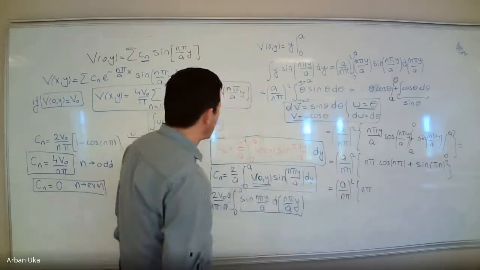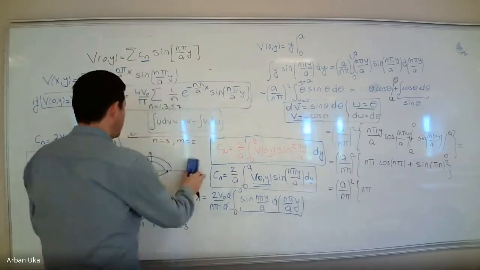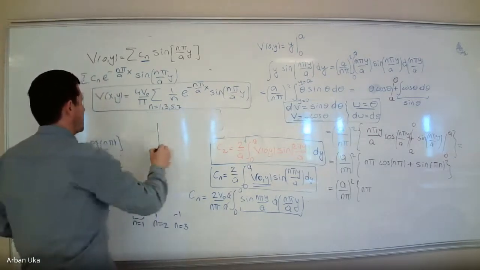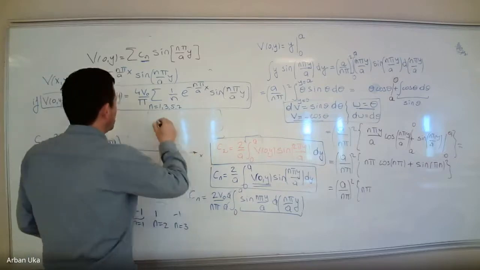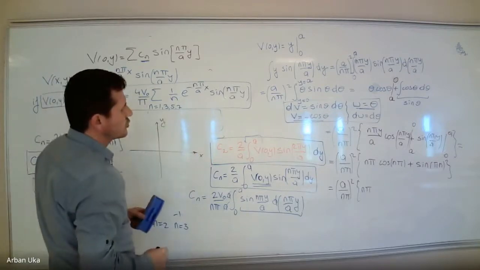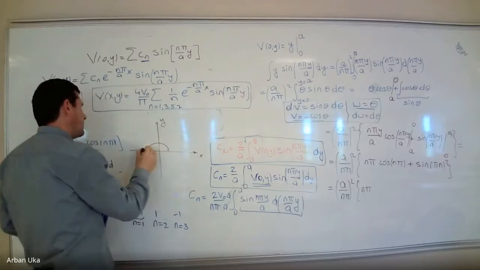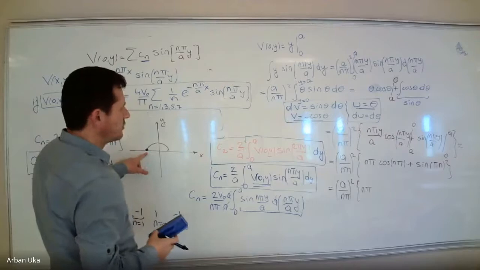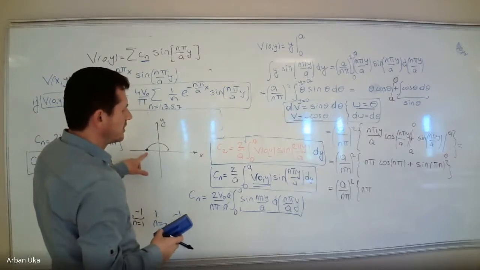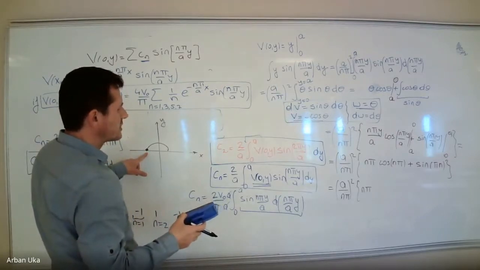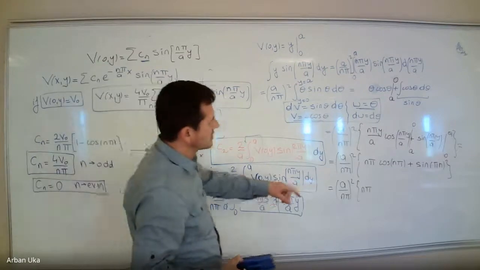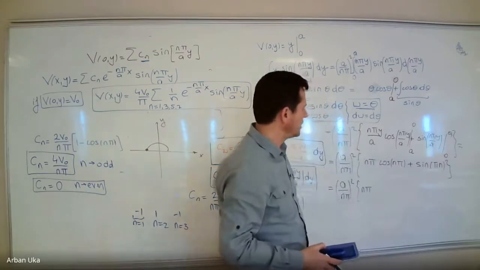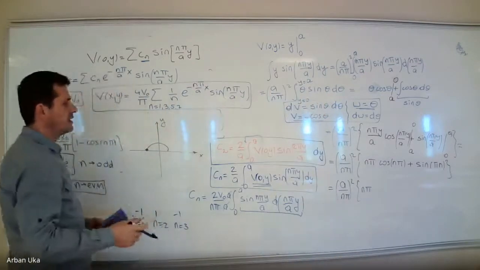Now let's notice what happens when n is odd. So let's assume n is 1. When n is 1, or odd, it would be cosine. And by the way, wait a second, this is n. In fact, this sine will always be equal to 0, right? Because it's sine pi n, and n is an integer number.